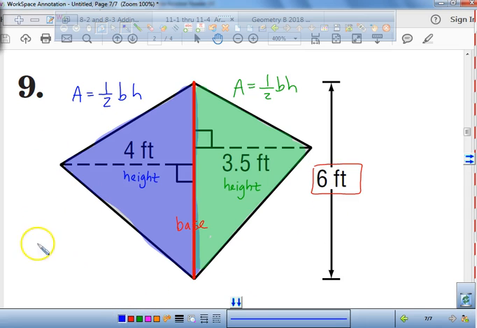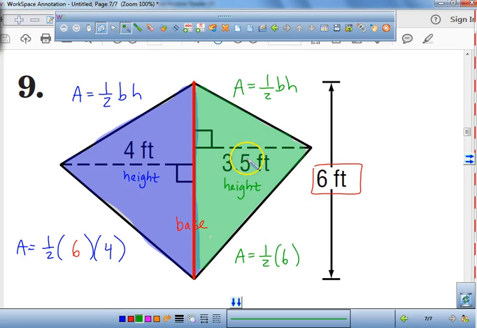So all we're going to do is put area equals 1/2 the shared base of 6 times the first height, which is a 4. And over here in the green, we're going to write area equals 1/2 the base, which is a 6, times the height, and this one happens to be a 3.5.